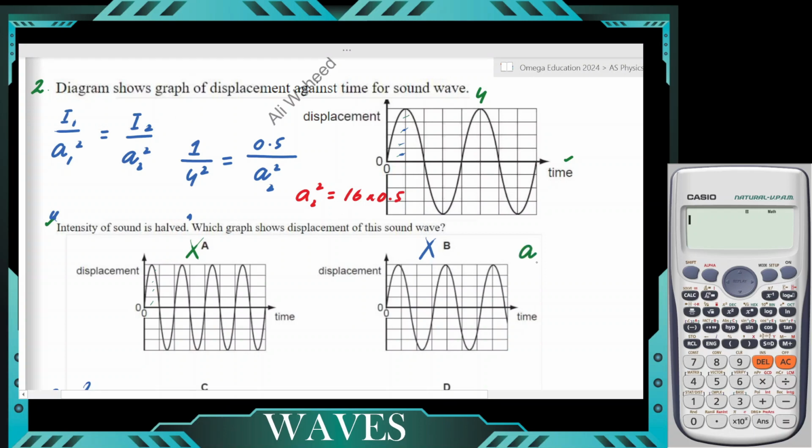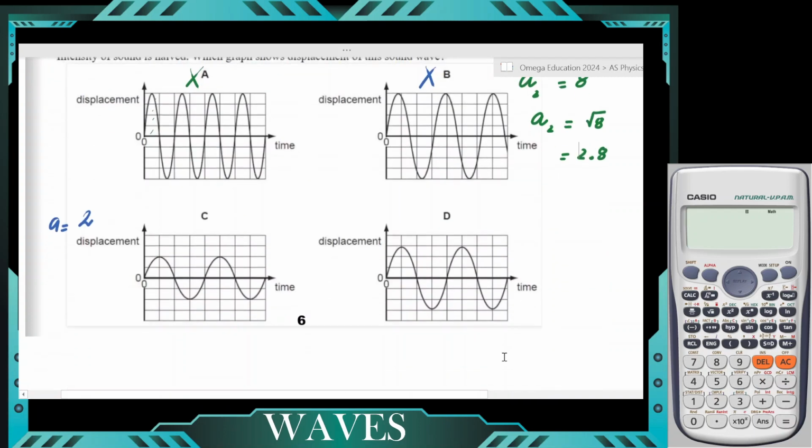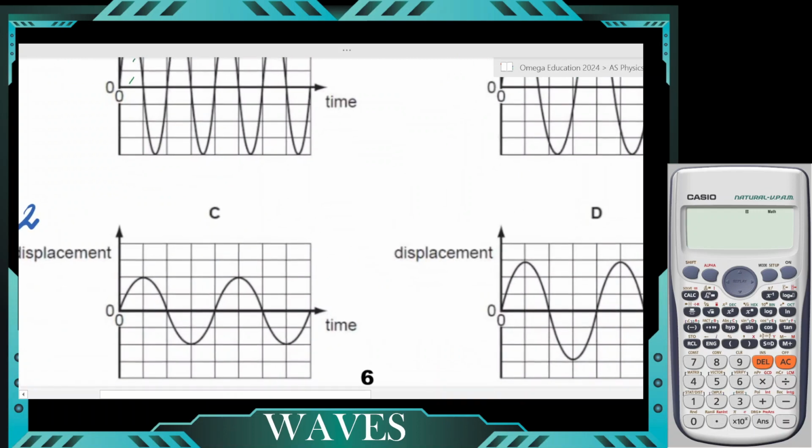So A2 squared equals 8, and thereby A2 equals the square root of 8, which is 2.8 something. So the new amplitude, after you reduce the intensity to half, is 2.8. What does that mean? Just pick the option in which the amplitude is 2.8. So you see, now compare. In C, the amplitude is exactly 2.